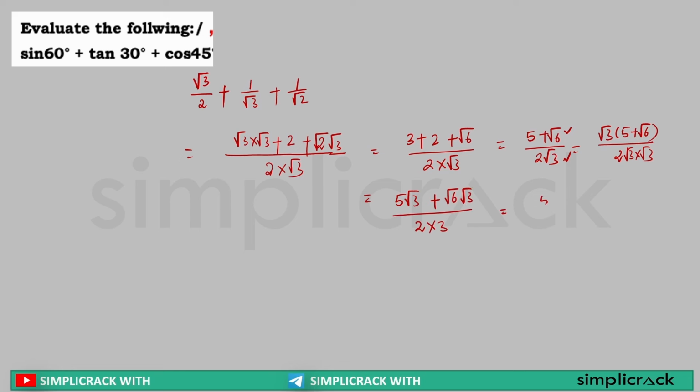Or this can be written as 5 root 3 plus root 18, and the square root of 18 is equal to 3 root 2, divided by 6. So this can be the final answer, or that can be the final answer, depending on whatever is asked in the question. That is the most important part, and these sort of questions are mostly asked in the NTPC examination. Okay, so be prepared accordingly.